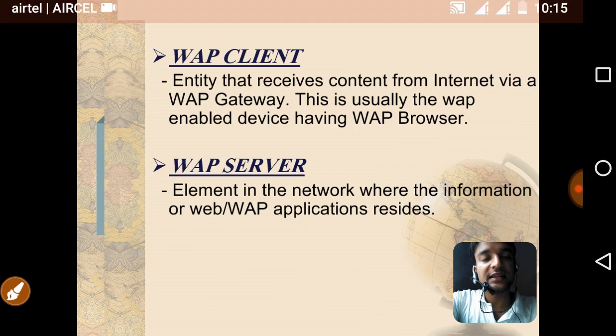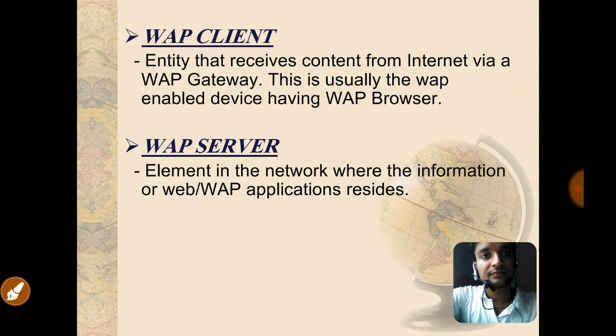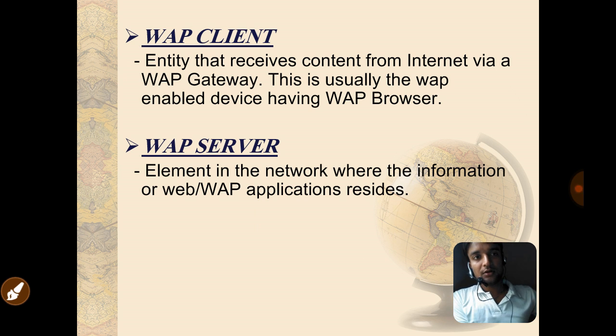Now let's move to the next slide. This is the information about the web client. What is a web client? The web client is you, the person who is using the internet. What is the WAP server? The WAP server is actually that gateway. It will encode the HTML into WML, WAP markup language, by removing all the images, compressing, and changing the beautiful text and fonts to only black and white fonts.